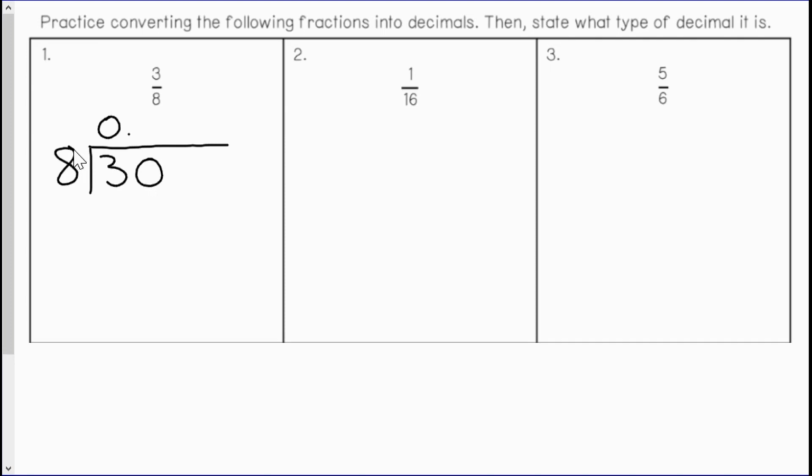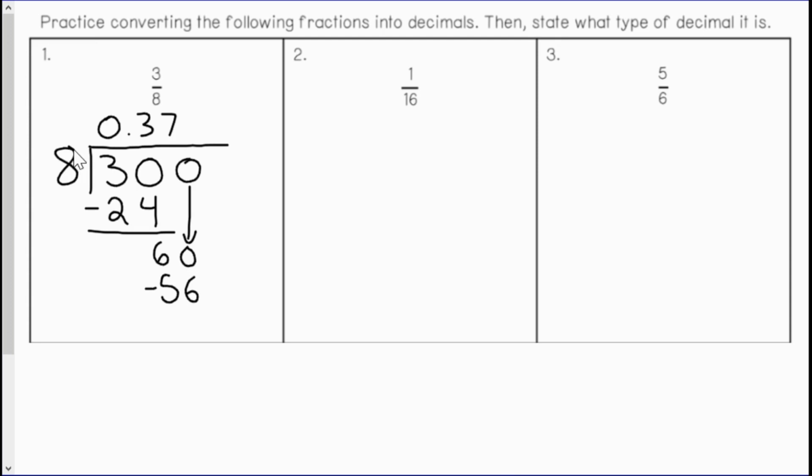Now I want to look at how many times 8 goes into 30. 8 can go into 30 3 times. 3 times 8 is 24. Now I'll subtract 24 from 30 and get a remainder of 6. Adding another 0 and bringing it down, 6 will become 60. 8 can go into 60 7 times, because 8 times 7 is 56.